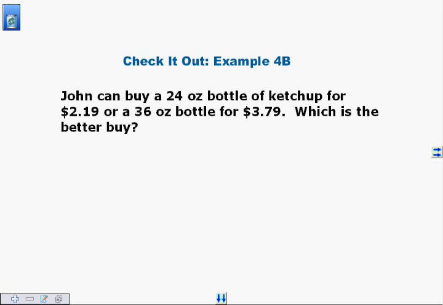Try this one. This is the last one for guided practice. John can buy a 24-ounce bottle of ketchup for $2.19 or a 36-ounce bottle for $3.79. Which is the better buy? So let's set this up. We've got $2.19 for a 24-ounce. We're going to break it down to 1.